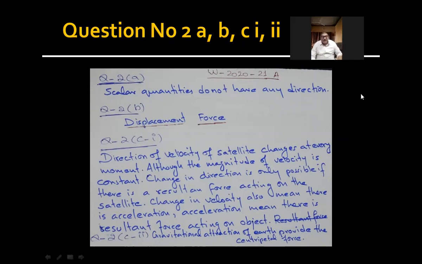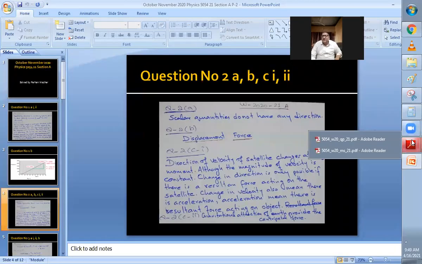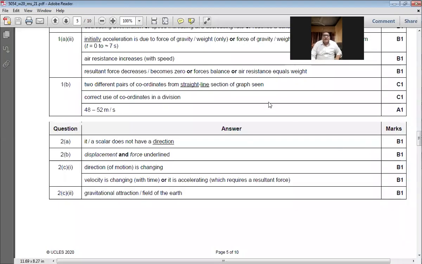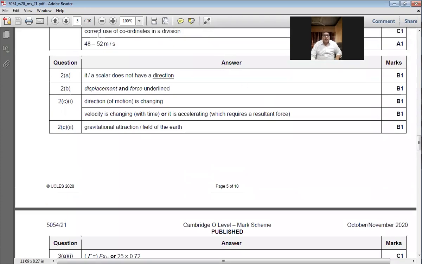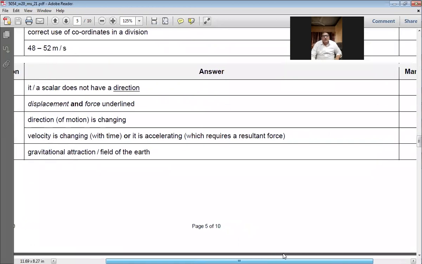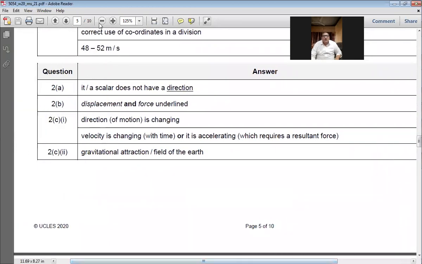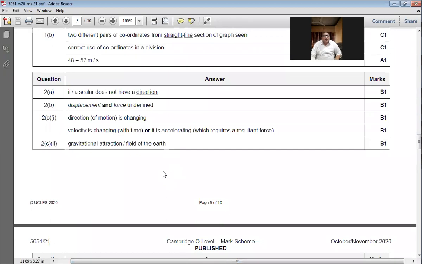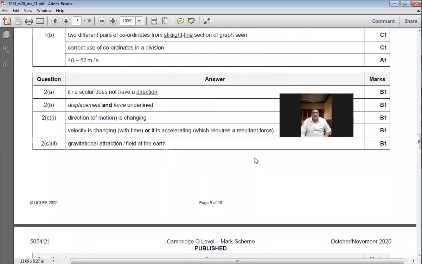Let me show you the marking scheme, how it wrote these answers. Question number 2 is showing on your screen. The marking scheme says: a scalar does not have a direction; displacement and force underlined; the direction of motion is changing, so velocity is changing with time, or it is accelerating, which requires a resultant force.